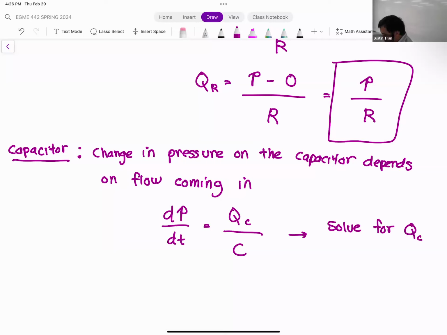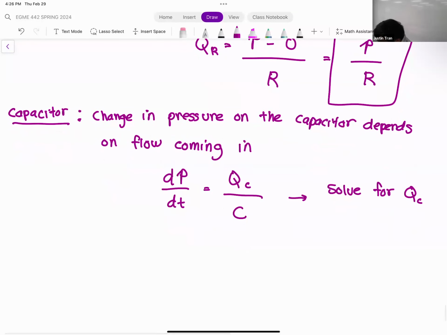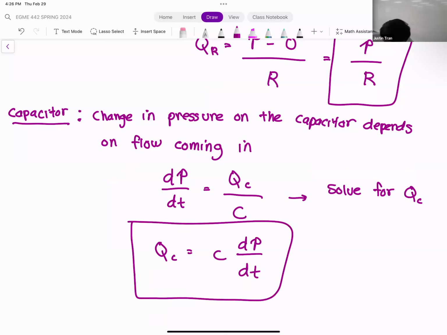All right, so if we solve this equation for QC here, I'm just going to multiply C by both sides. We get QC is equal to C dP/dt. Okay. And so the flow on the capacitor, as we have it outlined there, is the capacitance multiplied by the time derivative of pressure, so dP/dt.